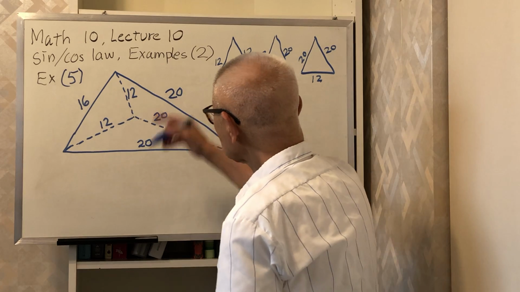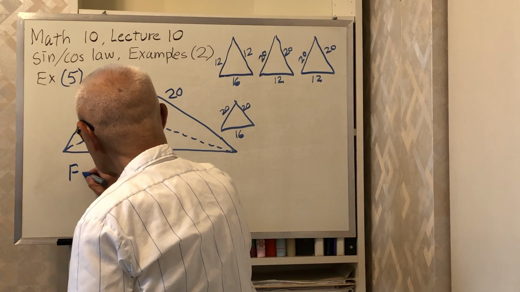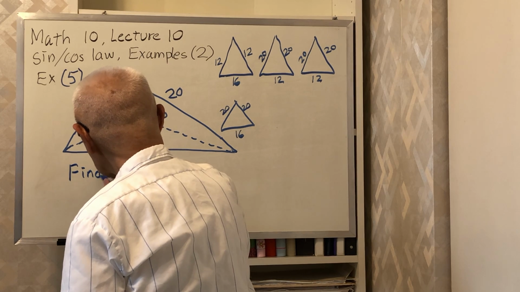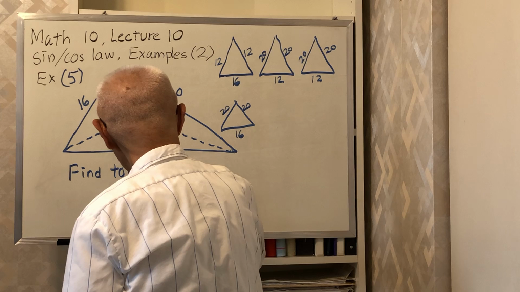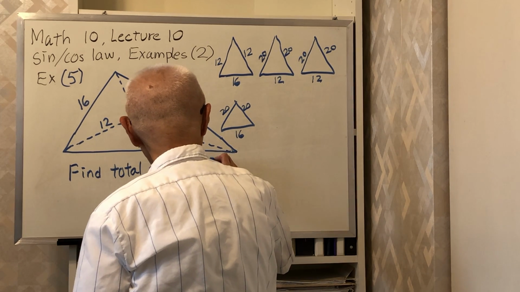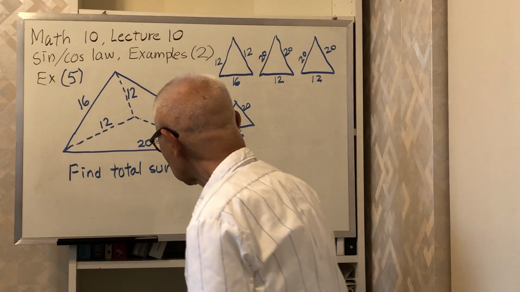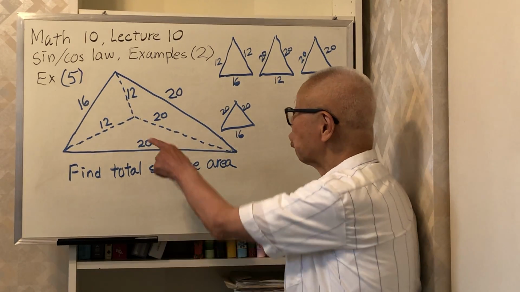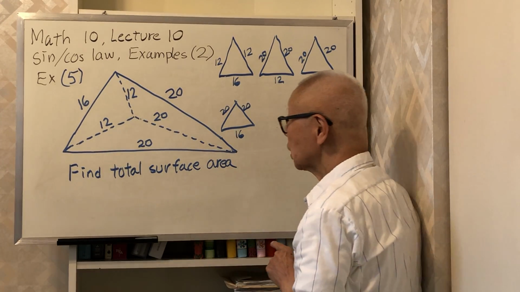Okay, in this question, what do I want to find? Find the total surface area. You have 4 triangular surfaces.